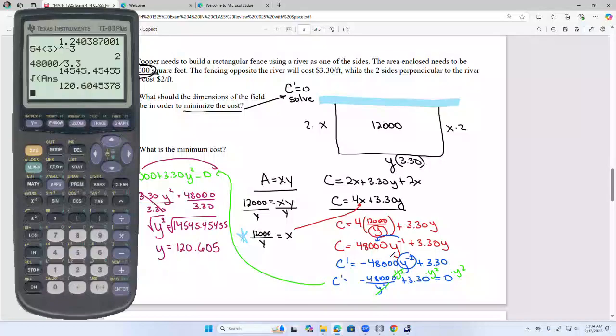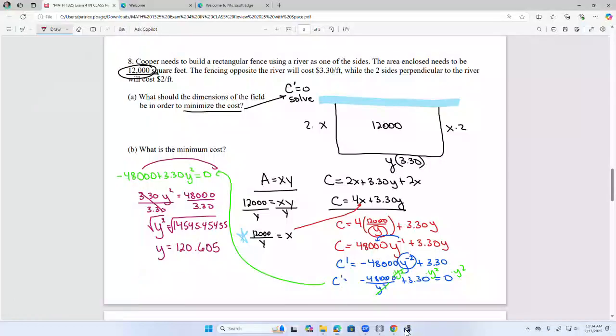Okay? So I've got one of my dimensions here. I have the y value. And so one of my dimensions is 120.605, and we were talking feet. So that's my y value. I need to find my other one.